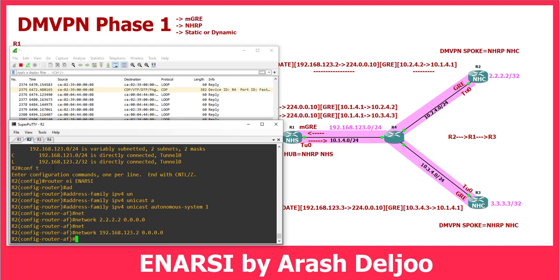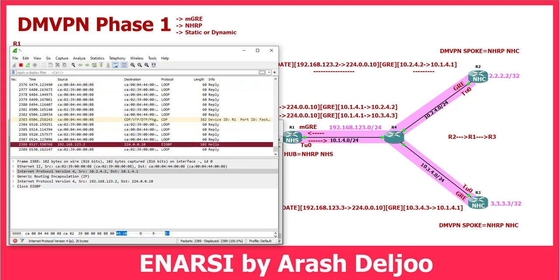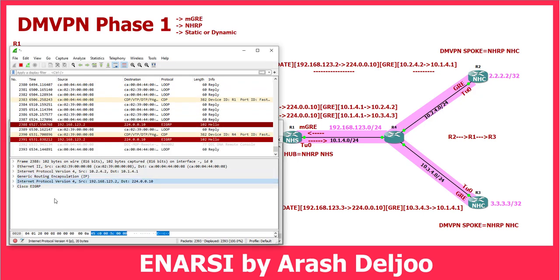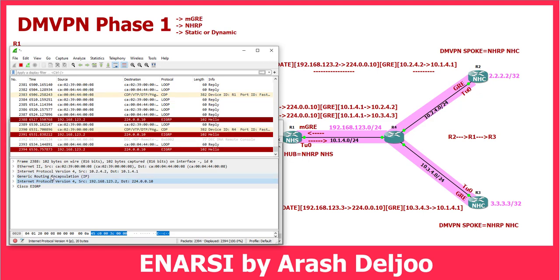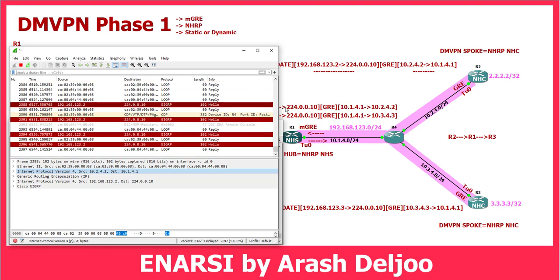Look at here, when you are using these commands, you will see the EIGRP hello message encapsulated with GRE. This is EIGRP, then the inner IP header, and then GRE, and the outer IP header. Actually, we are tunneling the EIGRP hello message from router 2 to router 1.